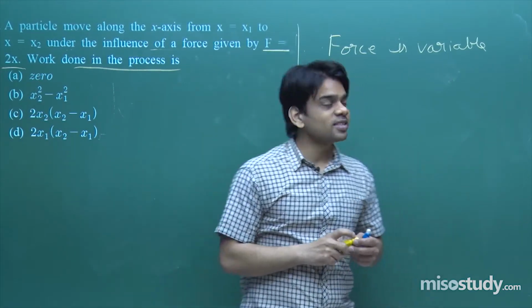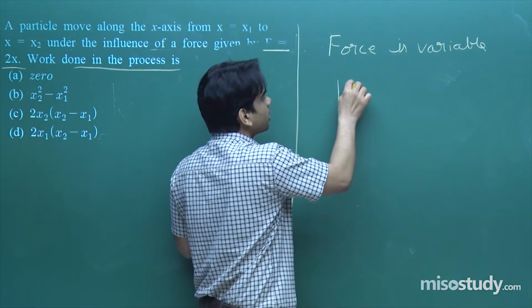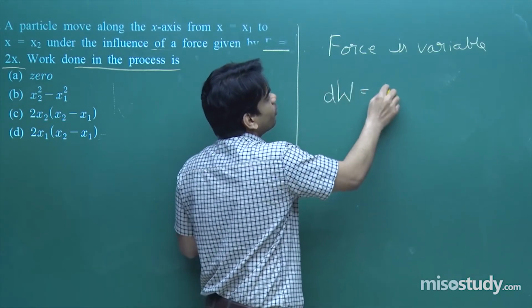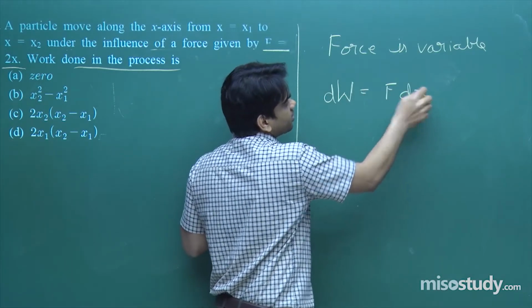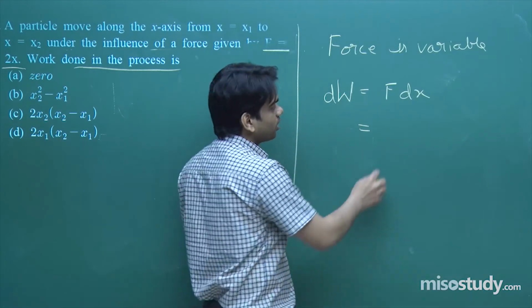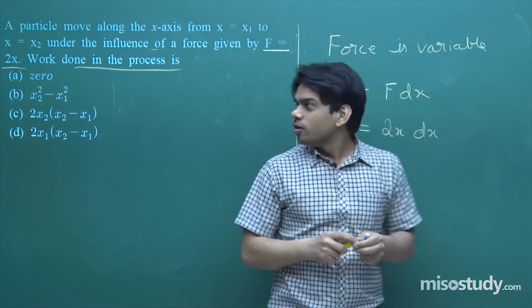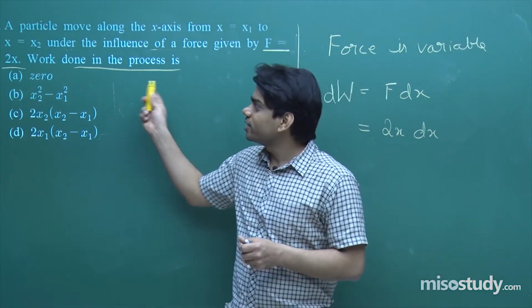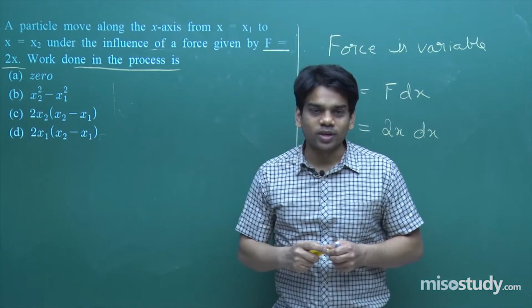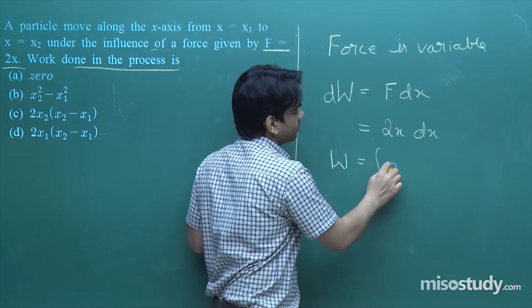We all know that a small work done by a dependent force is F dx. The force that is applied on the body is 2x, into dx. Now, total amount of work done will be how much?